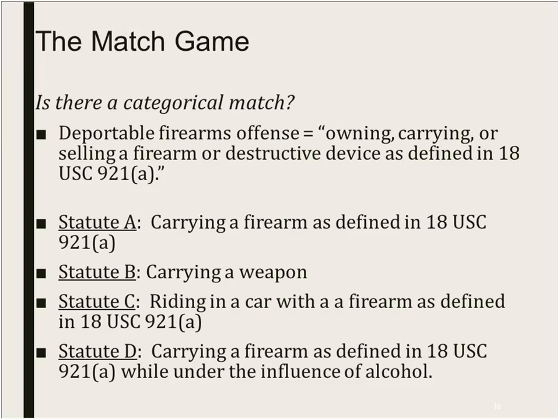So this particular example has a cross-reference to a federal statute, and a lot of the removal grounds do, and that's very powerful because then you can say, well, maybe my offense doesn't match, right? Okay, so example of statute A is that your client was carrying a firearm as defined in 18 U.S.C. 921(a). Is that a match?